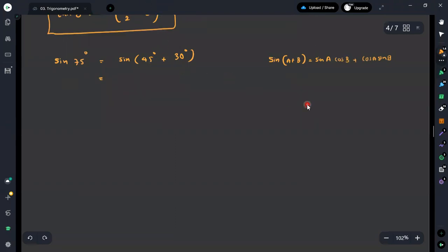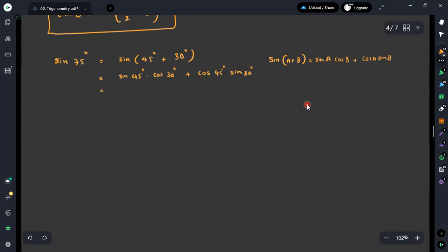Then we can write it as sine 45 degrees into cosine 30 plus cosine 45 into sine 30.